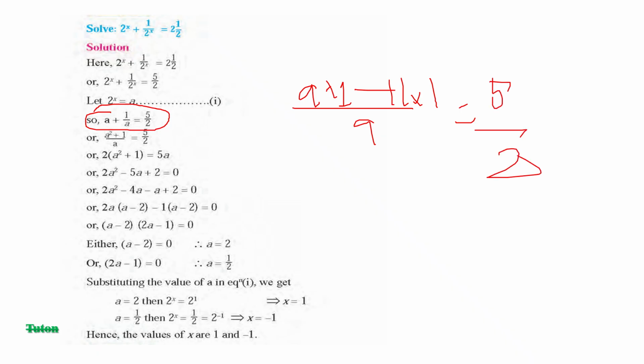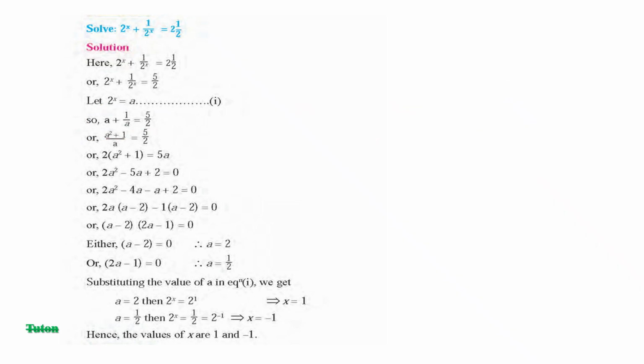Here a multiplied by a gives a square plus 1 by a is equal to 5 by 2. Now on the next step we will do a crisscross multiplication. 2 will multiply with this factor, and a will multiply with 5.